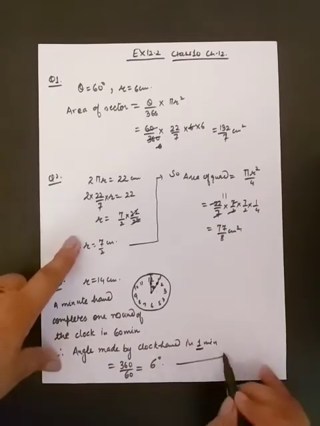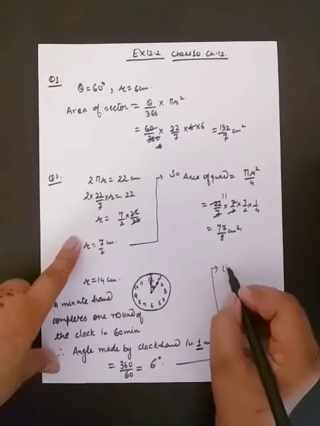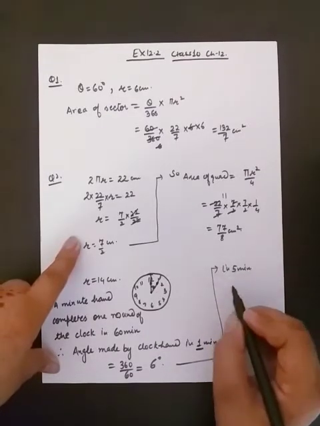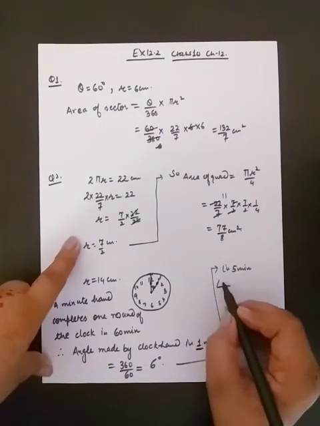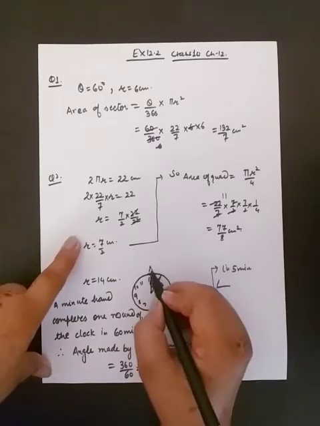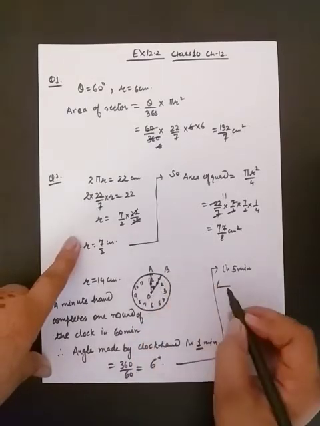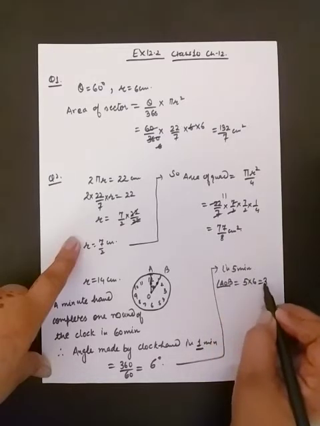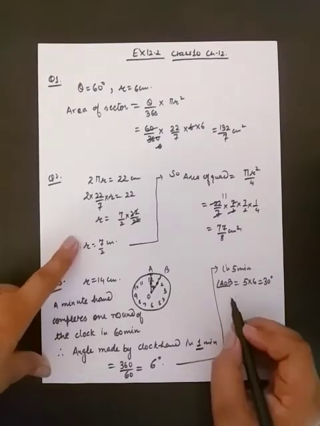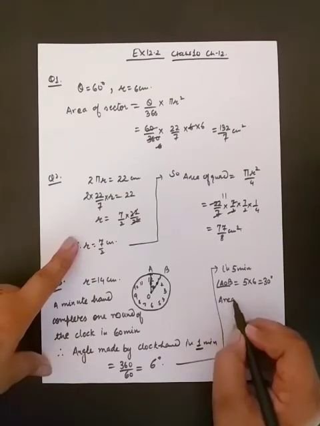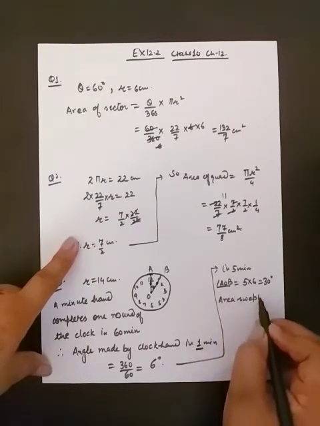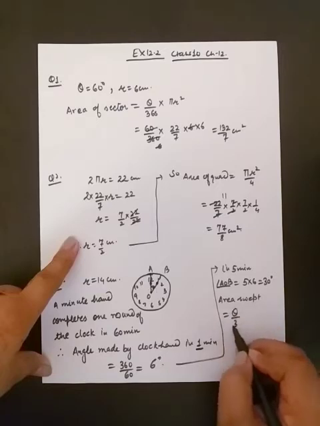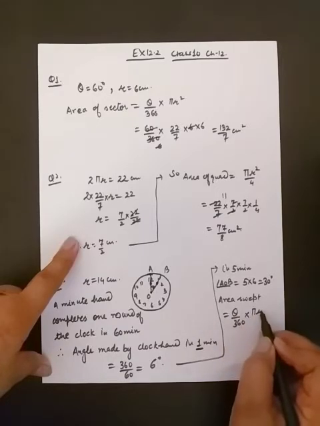But we have to find the angle in 5 minutes. So in 5 minutes the angle, you can name it angle AOB, will be 5 into 6, it means 30 degree. So central angle is 30. So therefore area swept is equal to theta upon 360 into pi r square.